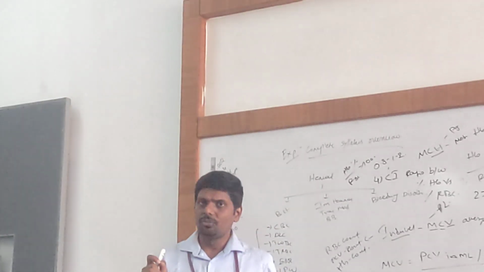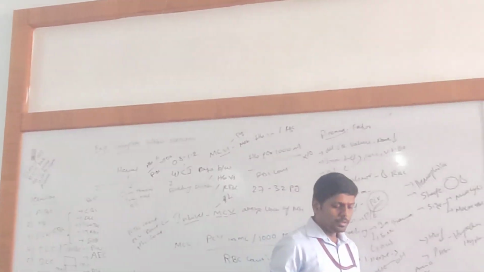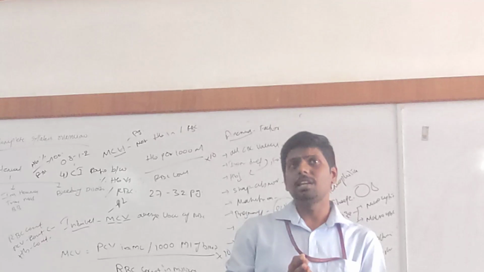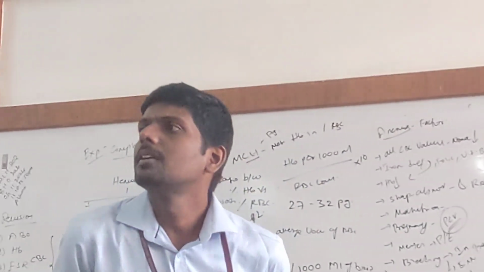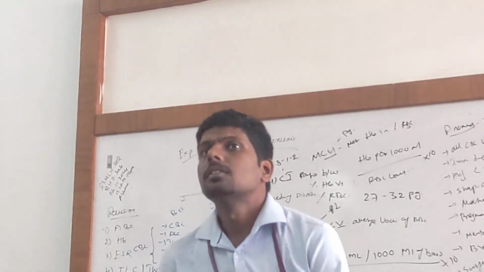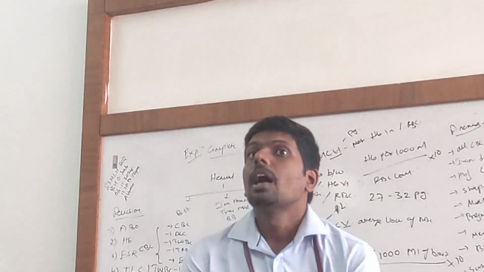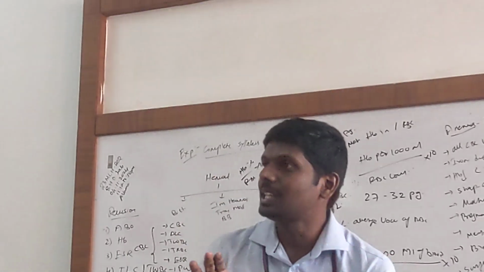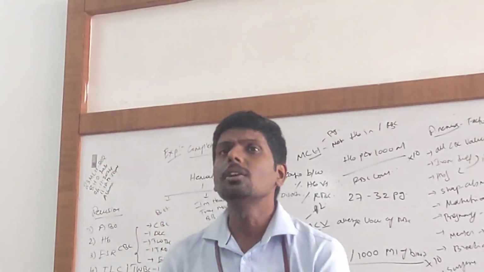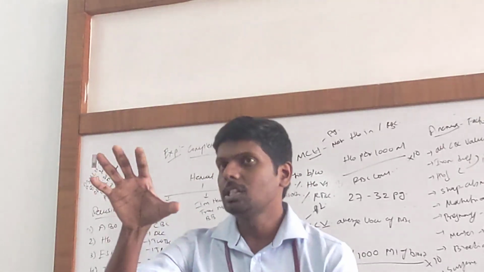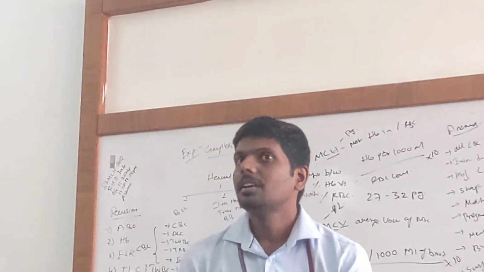So a quick recap of the indices again. What is the significance of MCV? What is the definition of MCV? Tell me, students. It is the average volume of the red blood cell. Average volume in a group of red blood cells is called mean corpuscular volume. What is the formula for this?